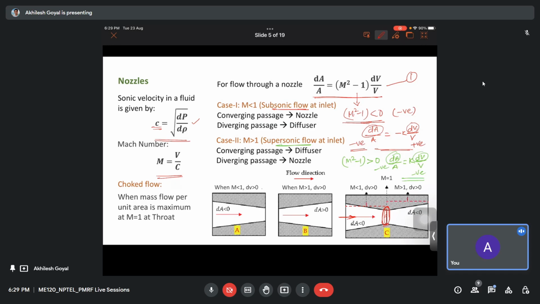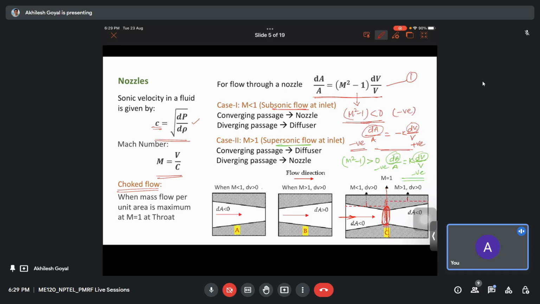So this type of flow is called choked flow. So this point here in the middle is choked now. The mass flow rate cannot be increased beyond this point, and this point is called the throat.